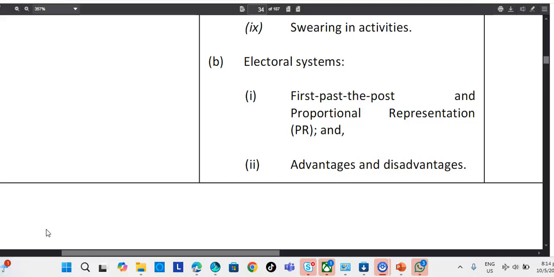All right, so we're going to start with the first past the post electoral system, which is used in the Caribbean. Now, on election day, each citizen who is 18 years of age and over is eligible to cast a vote for the candidate of his or her choice.